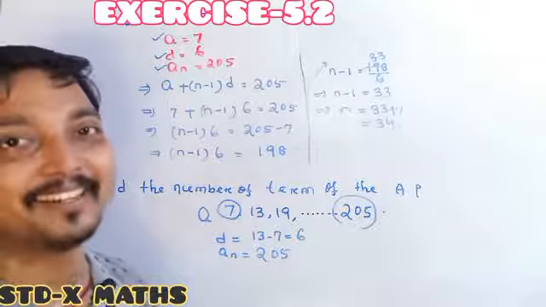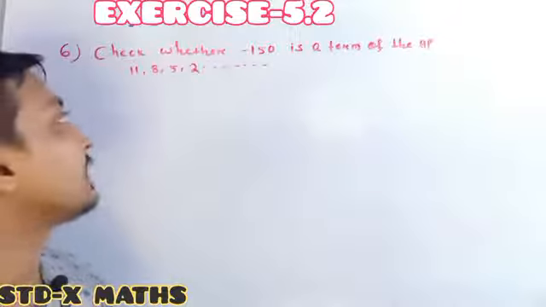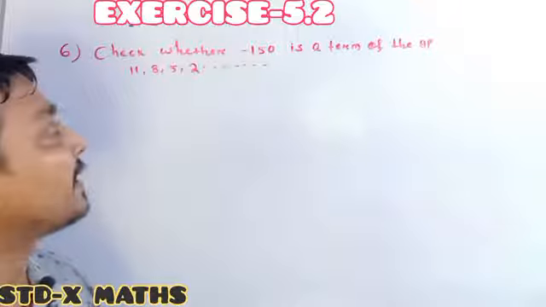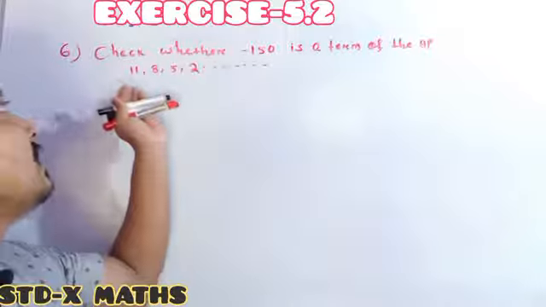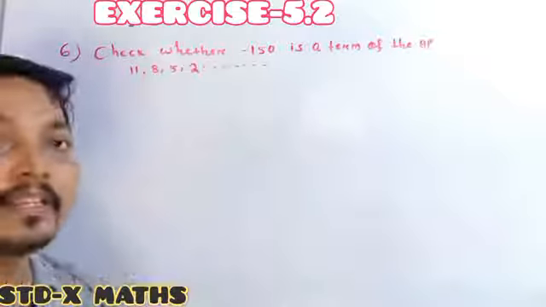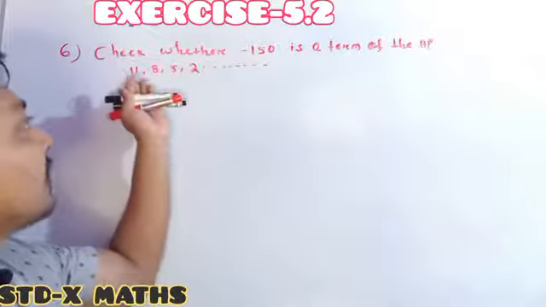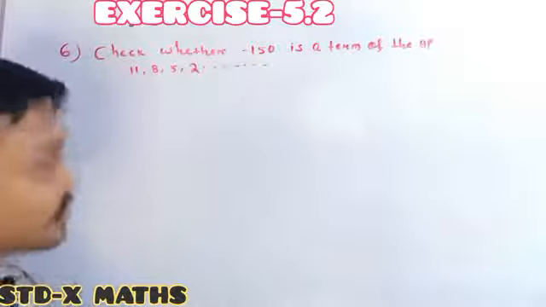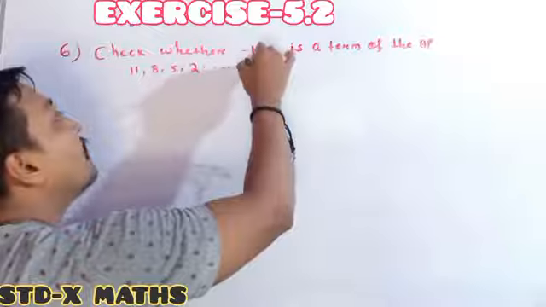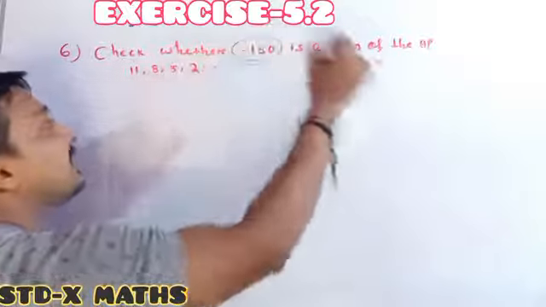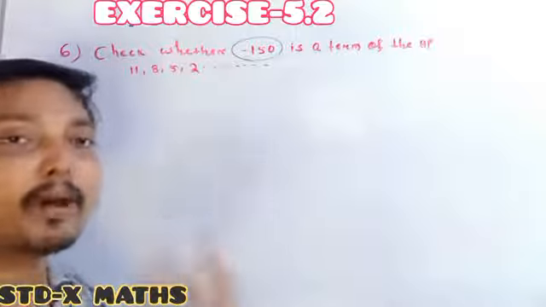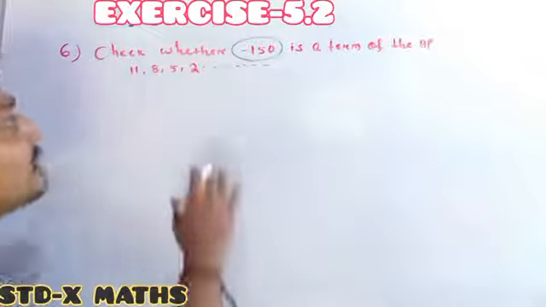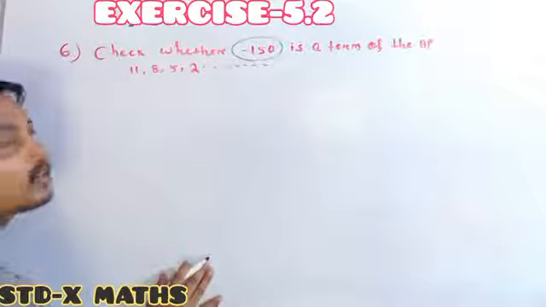Understood perfectly? Here in question number 6 it is asked: check whether minus 150 is a term of the AP or not. Here the list of numbers of the AP is given, and you just have to check whether minus 150 is a term of the AP or not. See, how to check whether minus 150 is a term or not.